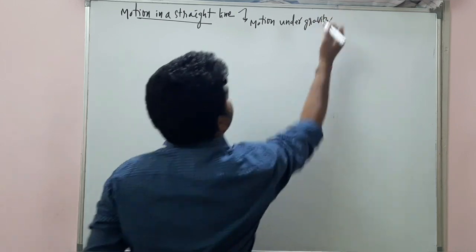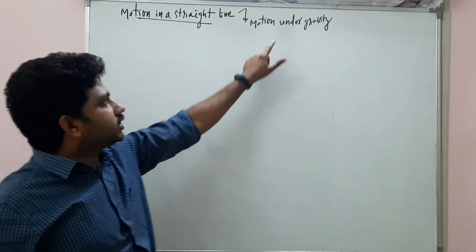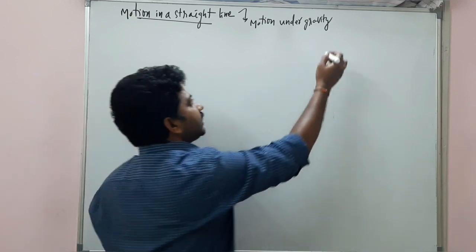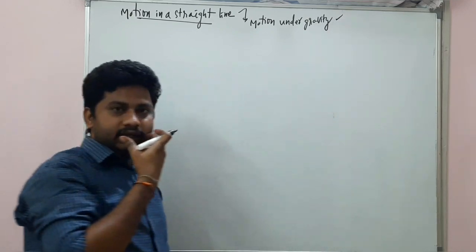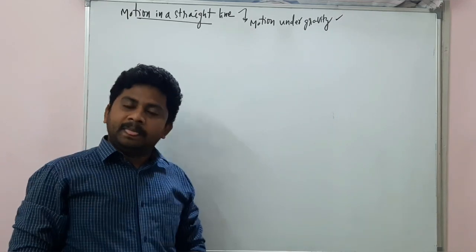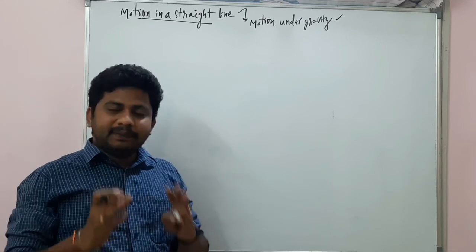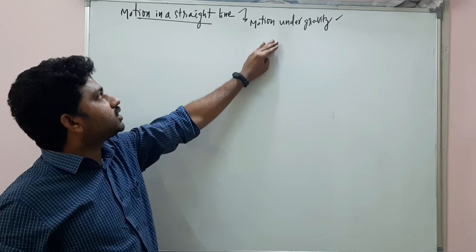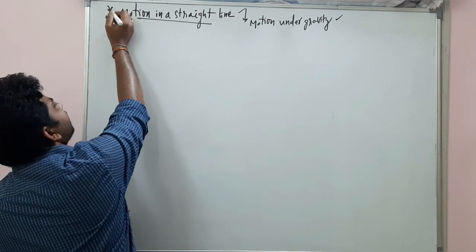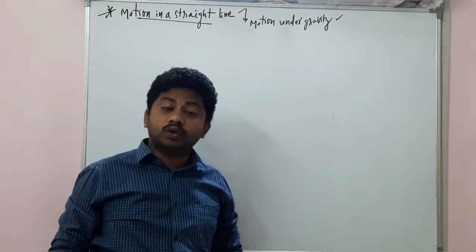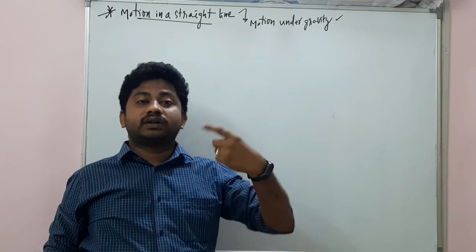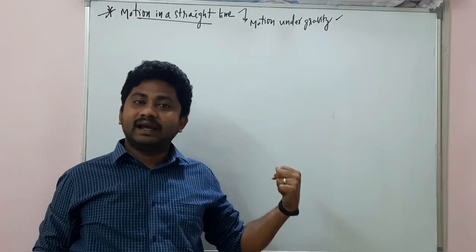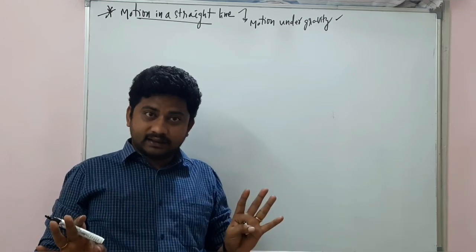Today we are going to finish the motion under gravity concept, and in the next session we are going to finish the chapter. After finishing the chapter, I will be providing you 45 questions based on the Motion in a Straight Line chapter. That will be the assignment for you, other than your daily assignments and exams. Understand?